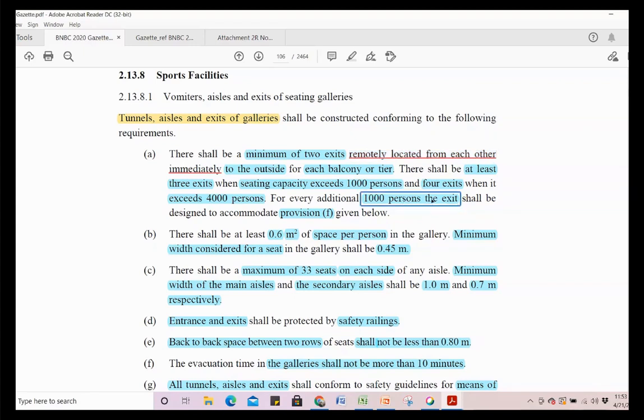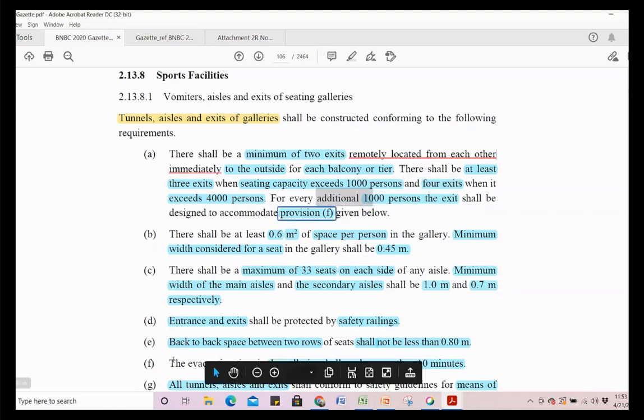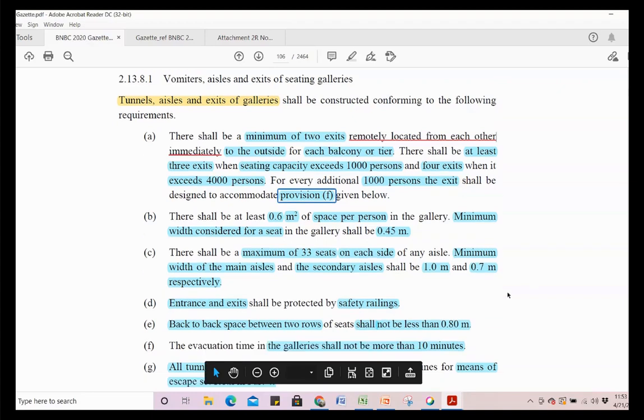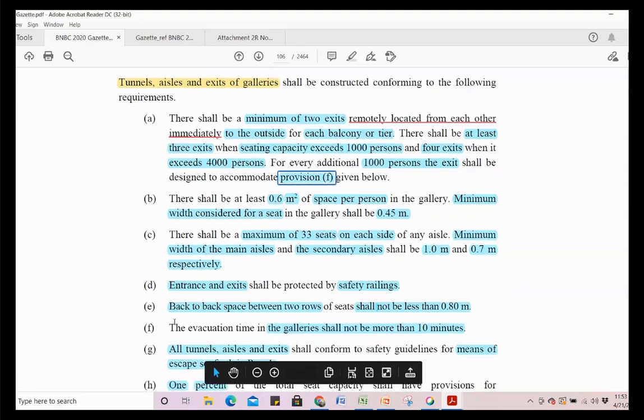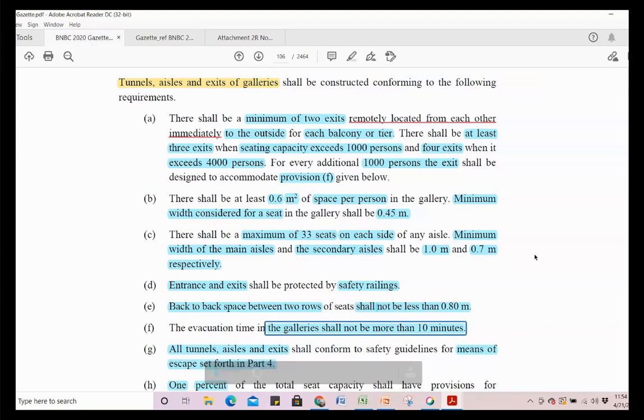For every additional 1,000 persons, the exit shall be designed to accommodate provision F given below. So there is a provision F. It is just in here, so we can visit it right now. Provision F says that the evacuation time in the gallery shall not be more than 10 minutes. So if you are a spectator in the gallery, you must be evacuated within 10 minutes. That is the last limit of evacuation.